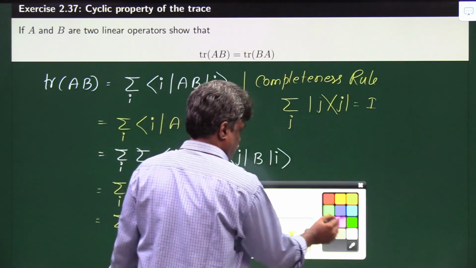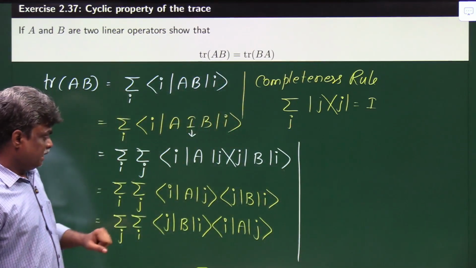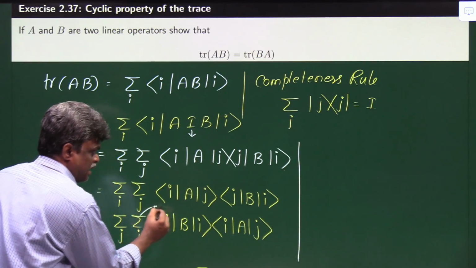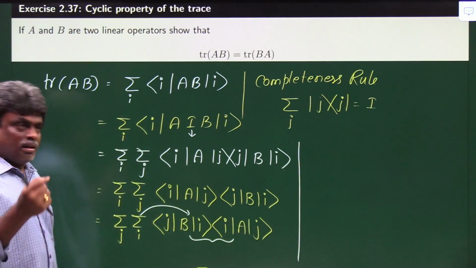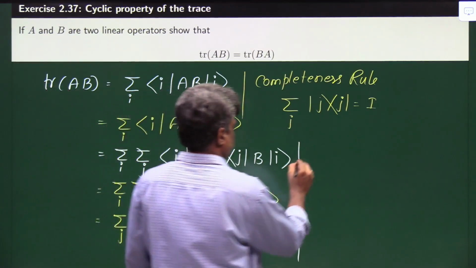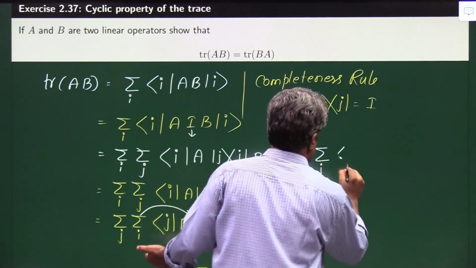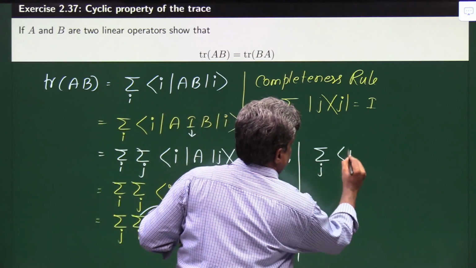So whatever technique we used earlier, with the identity, if you observe carefully, I am bringing this summation over i here, then it will be summation over i, outer product i i, which is equal to the identity matrix. And we got this summation over j. So see here, summation over j, and this j is as it is.